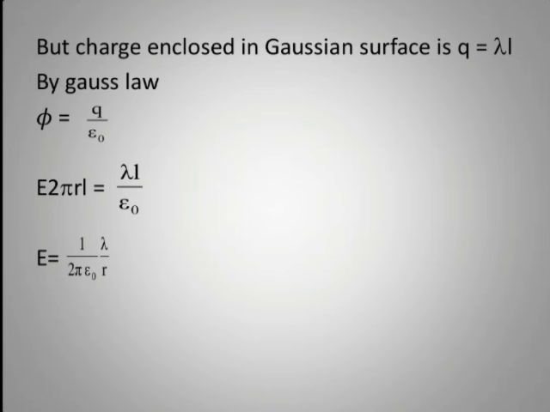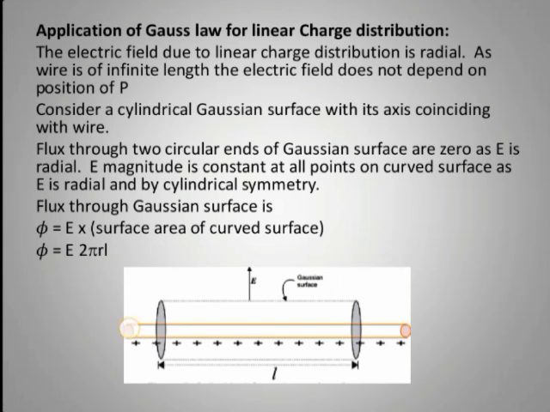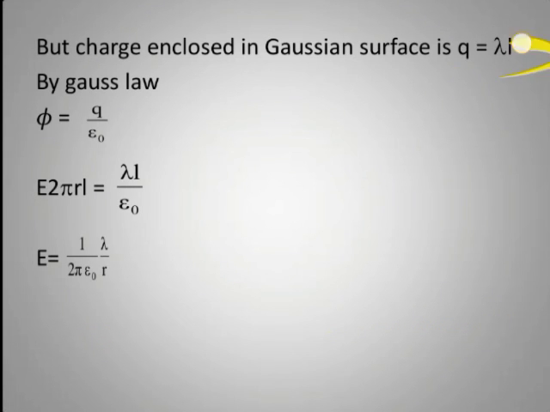You have Q is equal to lambda into L. How is this formula obtained? According to continuous charge distribution, if I consider one dimension, it is the linear charge distribution of this rod. The formula is lambda is equal to Q by L. If I cross multiply, you would get Q is equal to lambda into L.